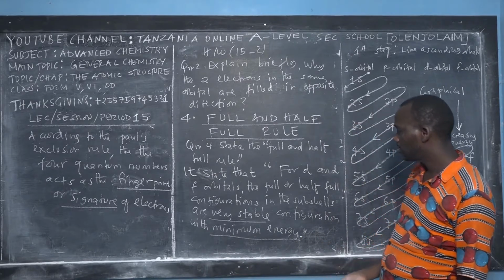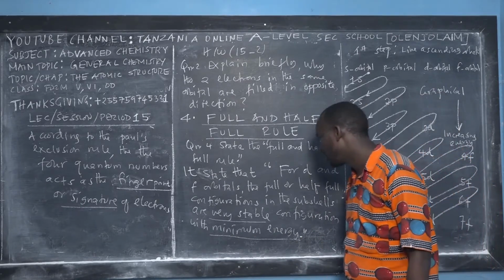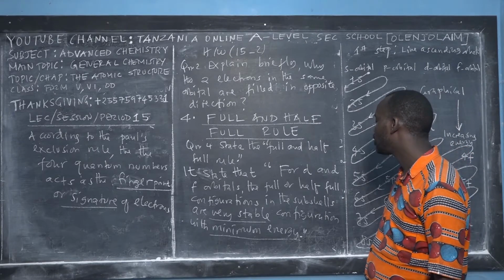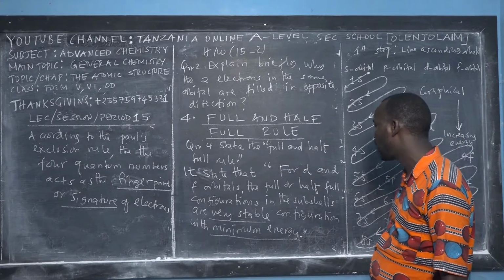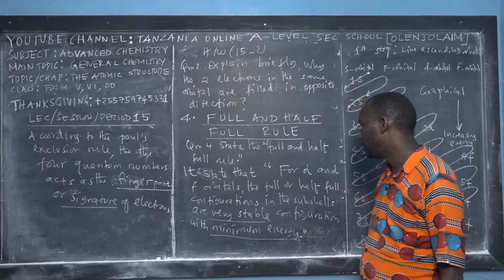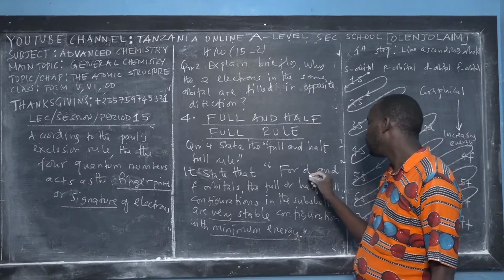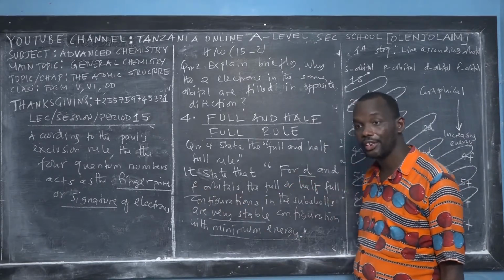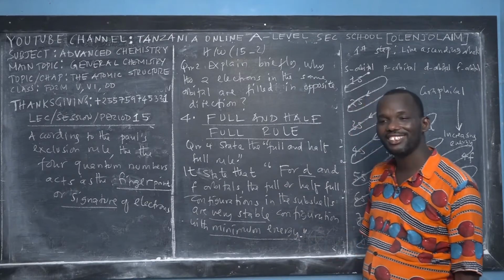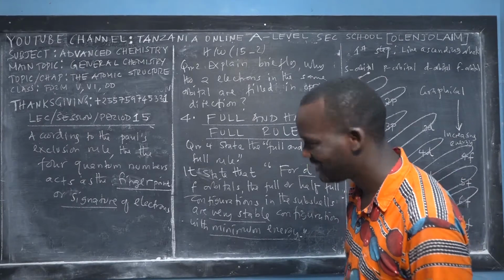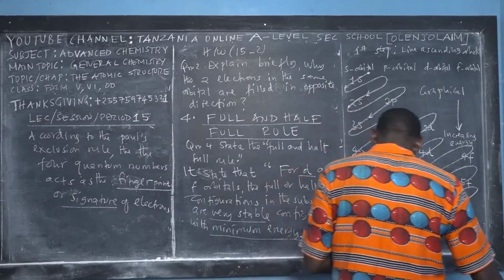His research was based on the orbitals, seeing what conditions are required for an orbital to be stable. So he discovered that for D and F orbitals to be stable, they should be fully filled or half filled. Interesting. Do you understand what it means?